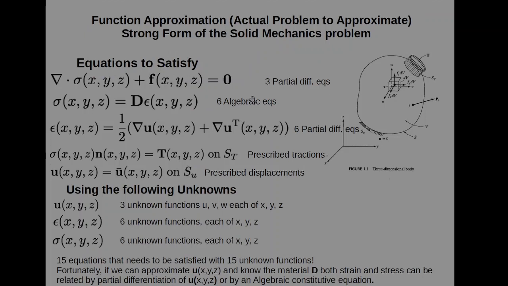Okay, and then essentially we have the strain matrix given by this: the displacement gradient plus its transpose, the sum of those two times a half. But if you think about this carefully, how many equations does it represent? It's a matrix, 9 components equal to 9 components. But only 6 of those 9 components are unique because of the symmetry. And so this is only 6 unique partial differential equations that you will recover from this.